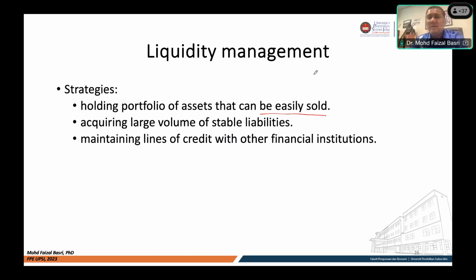As you all know, selling a house can take months, and even if you can sell quickly, you might have to sacrifice the value. So for liquidity purposes, you need to ensure that the amount of money is in liquid form, things that are easy to sell and convert into cash very easily.